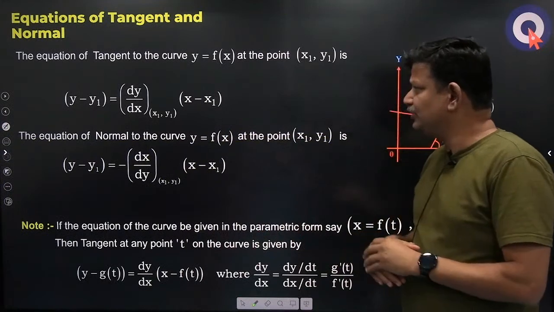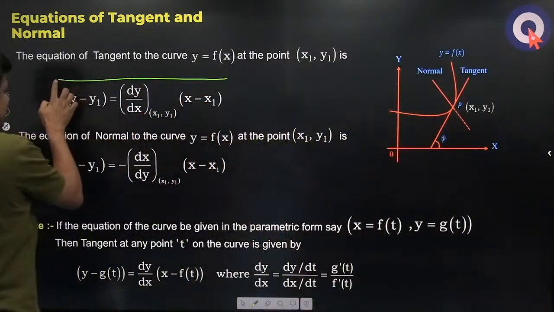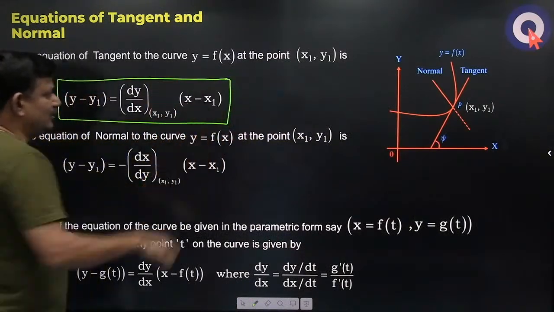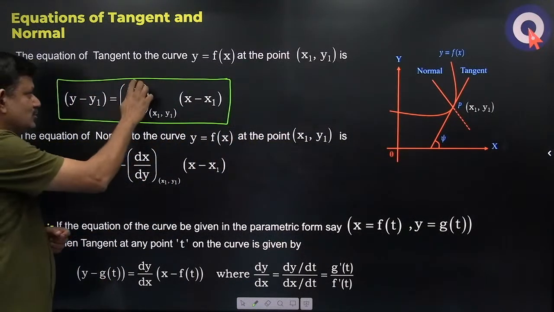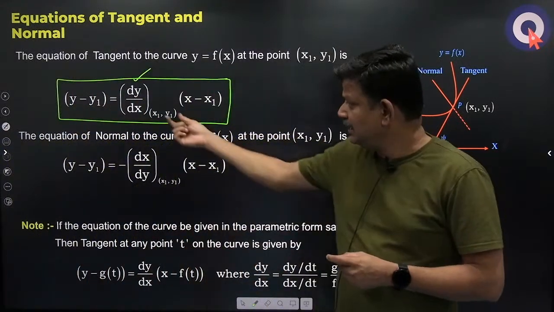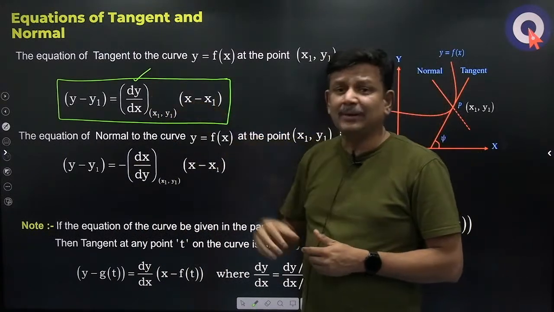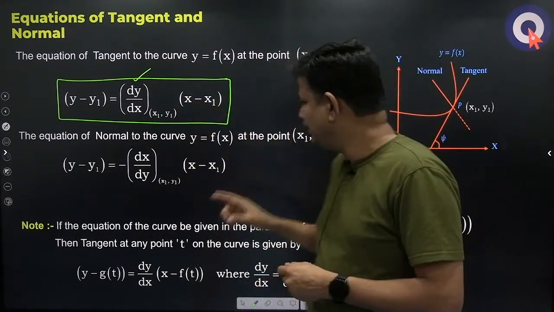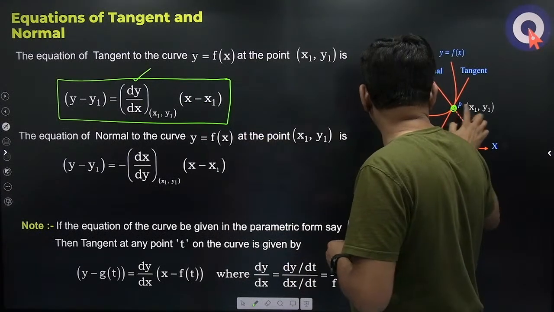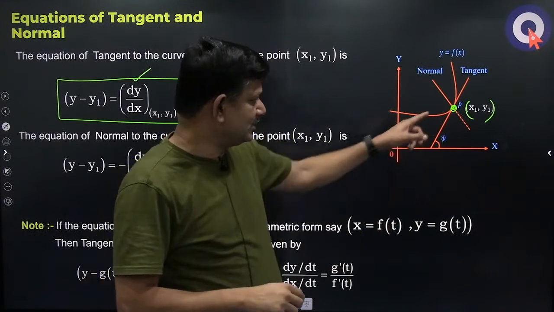Right away we jump to the equation of the tangent. What we are doing: you know the slope, it's given by dy by dx. Once you know the slope m, you already have the point at which you are drawing the tangent, x1 comma y1.